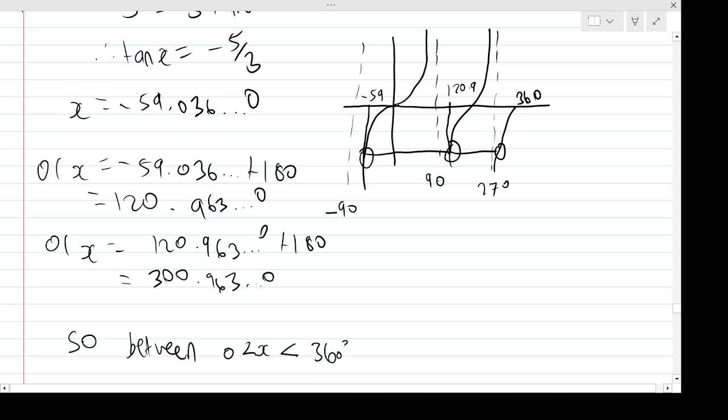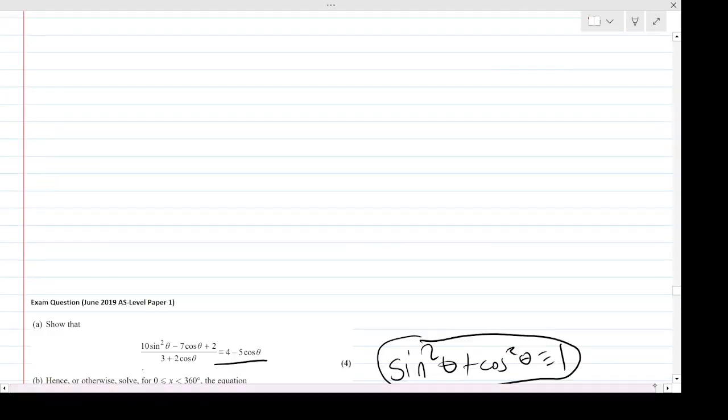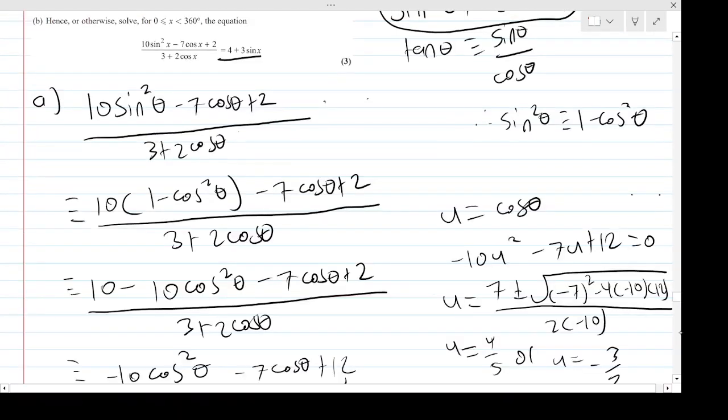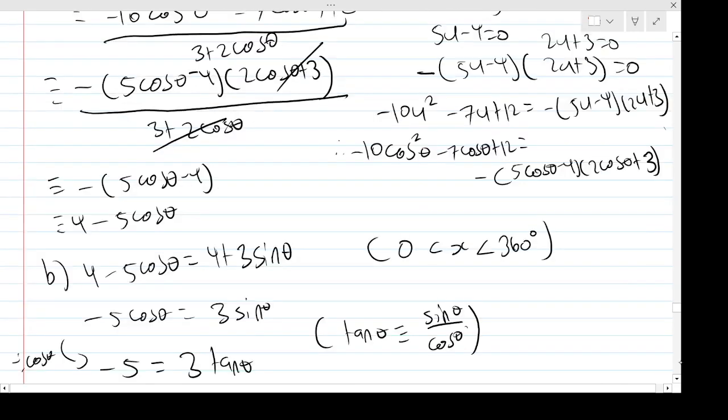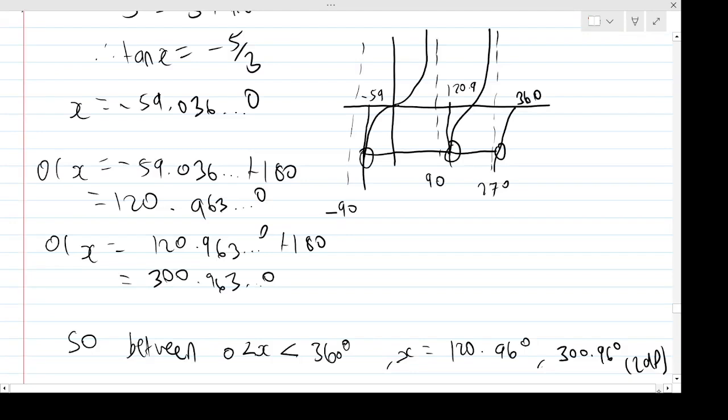So between 0 and 360 degrees, the solutions in that range are 120.963 and 300.963. What do we need to round to? It doesn't say, so let's round to 2 decimal places: 120.96 degrees and 300.96 degrees. And there we are, those are my solutions to that equation.